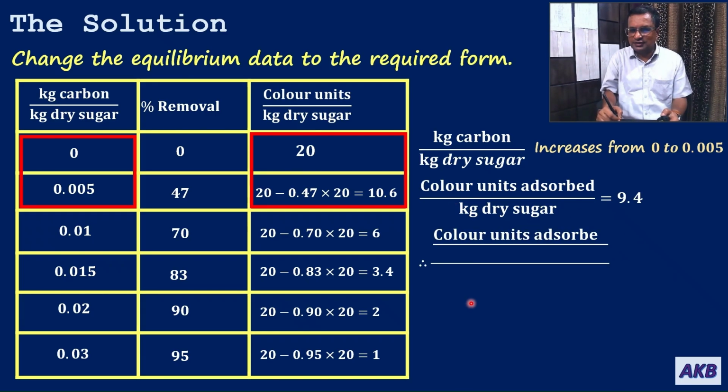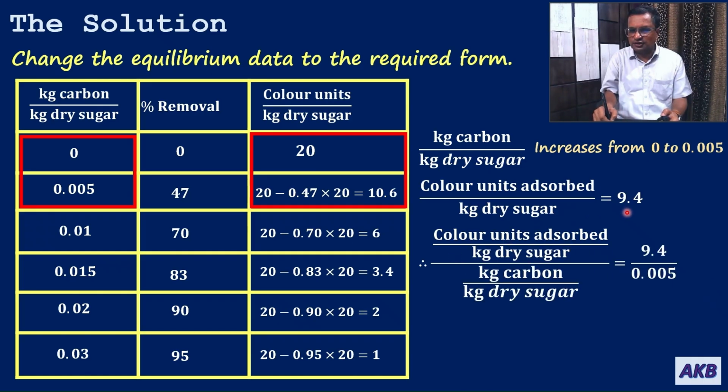Now, if I take this ratio, which ratio? Color units adsorbed per kg dry sugar divided by kg carbon per kg dry sugar. If I take this ratio, kg dry sugar and kg dry sugar will get cancelled out, and you are left with color units adsorbed per kg carbon, and that is nothing but capital X. So it will be equal to 9.4 divided by 0.05.